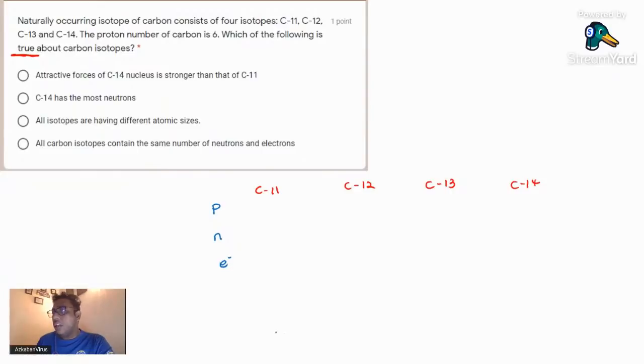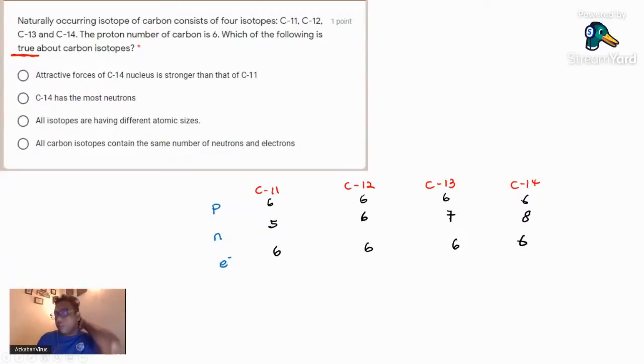Okay, so diberitahu bahawa proton number 6. So setiap elemen ni, setiap isotop ni, proton dia tetap 6. Neutron adalah ini 11 tolak 6, 5, 6, 7, 8. And elektron tak perlulah kan? Elektron sebab dia neutral, semuanya sama saja.